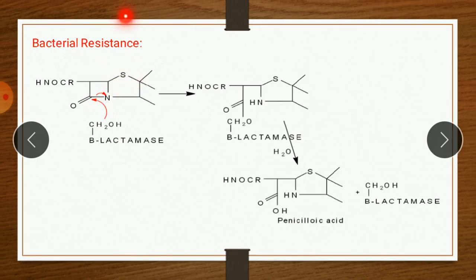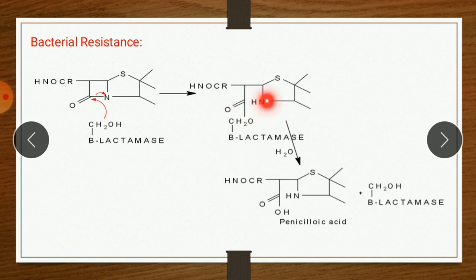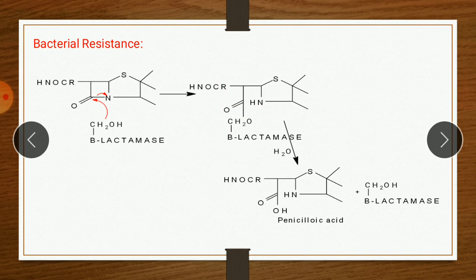So CH2O minus, which is part of the beta-lactamase enzyme, attacks the carbonyl carbon of the beta-lactam ring, and it causes breaking of the carbon-nitrogen bond as shown by the arrow. Then it becomes N minus, then the hydrogen from the CH2OH attaches to nitrogen. So in this way there is a complex of penicillin and beta-lactamase enzyme.